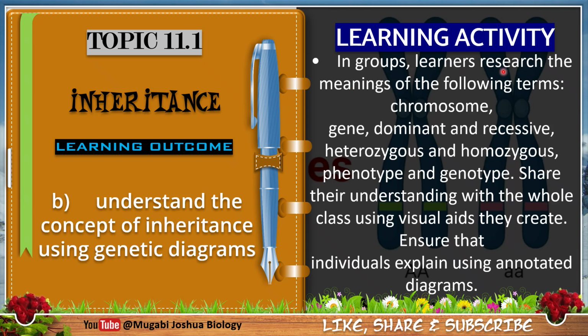In groups, the learners research the meaning of the following terms: chromosome, gene, dominant, recessive, heterozygous and homozygous, phenotype and genotype. Then they share their understanding with the whole class using visual aids they create. Ensure that the individuals explain using annotated diagrams.